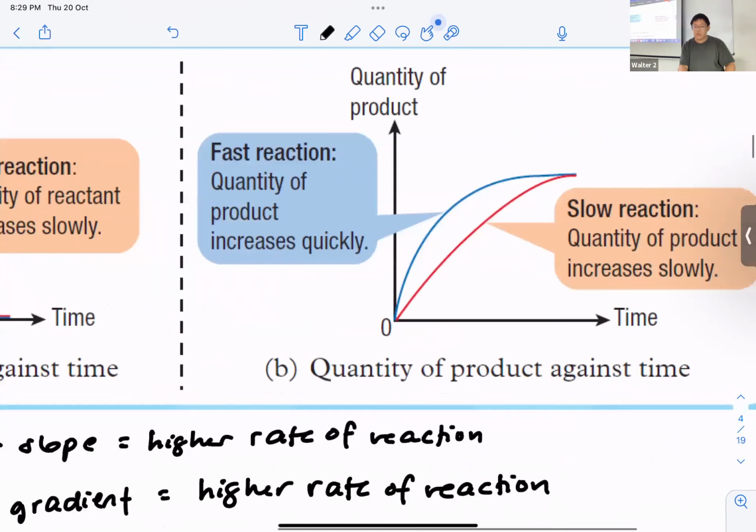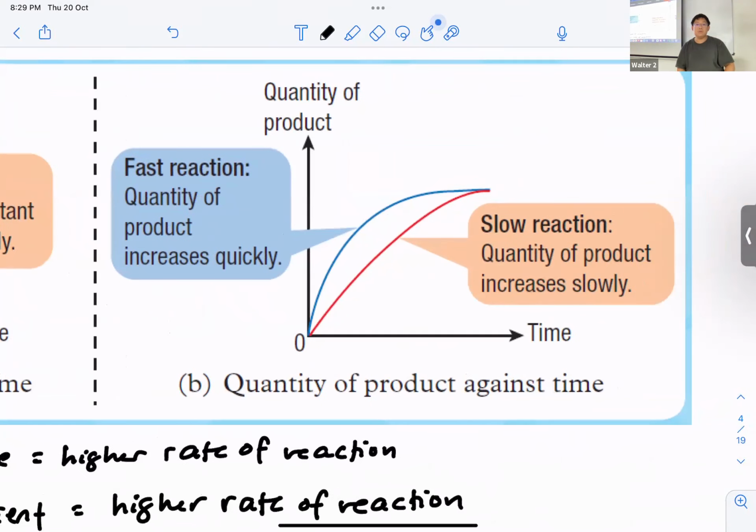On the other hand, we can also calculate rate based on the quantity of products over time, right? So you can see over here, they both reach the same point eventually, which is this point over here, right? But the question is, which one reaches it faster? In this case, same thing also, the blue line has a greater gradient, or a steeper curve. So that tells you that the blue one is much faster compared to the red one.